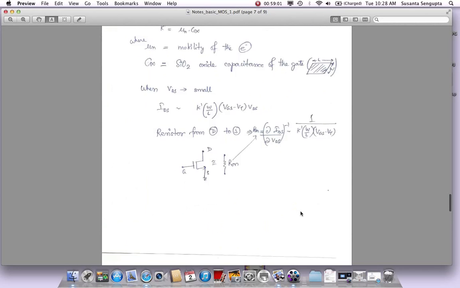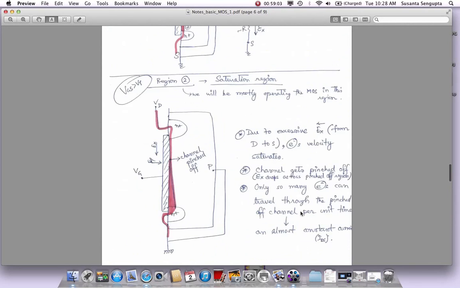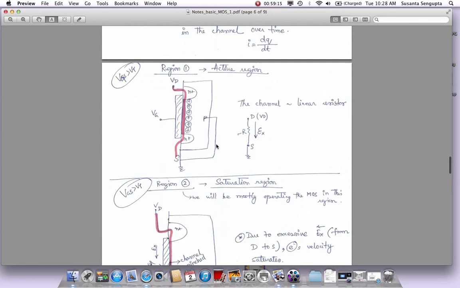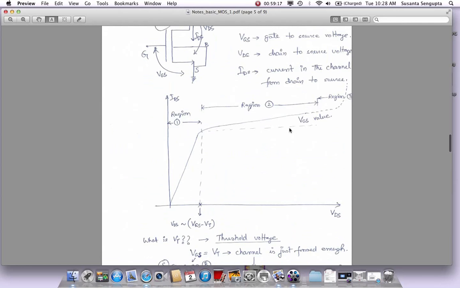Okay, so when this channel gets pinched off, and if all the electrons are completely saturated, then no matter what your EX is, you will have a constant current. But the current is never constant. It always seems to have a little effect over VDS.